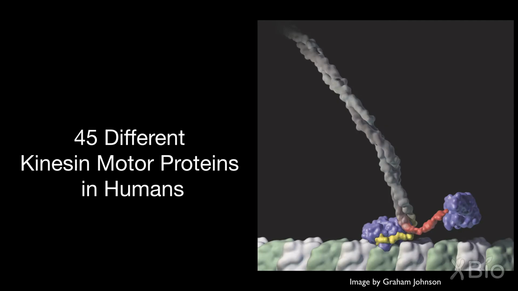I stayed on at Woods Hole over the winter to purify the first motor of the Kinesin superfamily, which was a new motor protein at the time. We now know that kinesin is not one motor, but a large family of related motor proteins. For example, in humans, there are 45 different genes encoding different kinesin motor proteins.